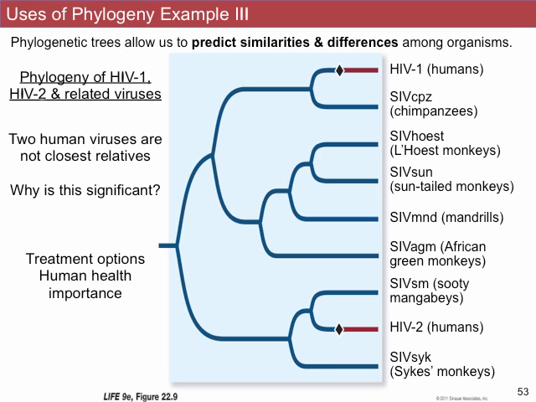So in fact, HIV-1 is more closely related to some simian immunodeficiency viruses than it is to HIV-2.